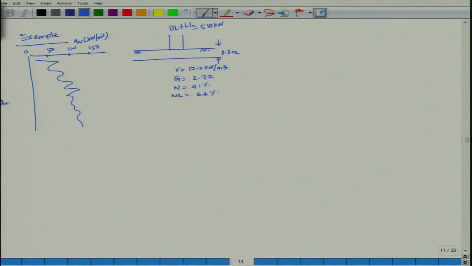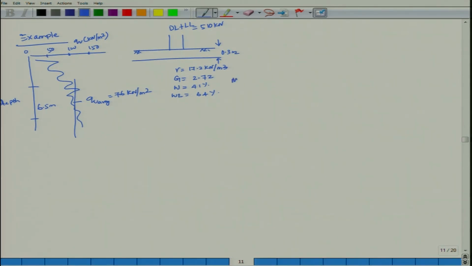This is your depth, so from here to here this is 6.5 meter. The average value QU average is given as 76 kilonewton per meter square.